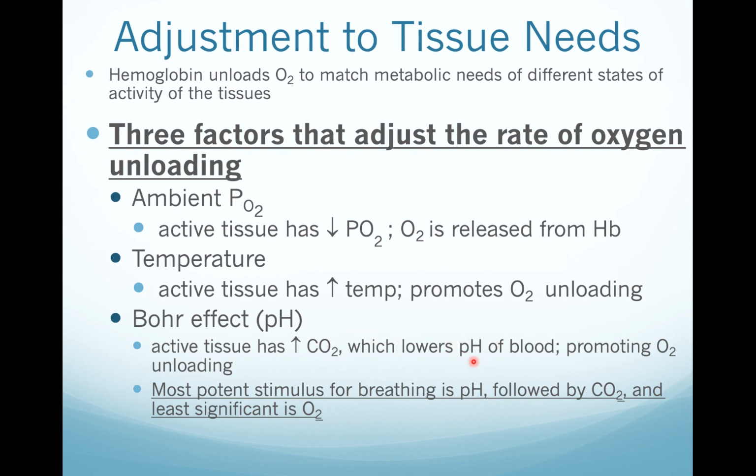When pH drops in the tissue, remember, all three of these are talking about in the tissue, not in the blood. If pH drops in the tissue, that is also going to promote oxygen unloading. This last one is the most potent stimulus for oxygen unloading.